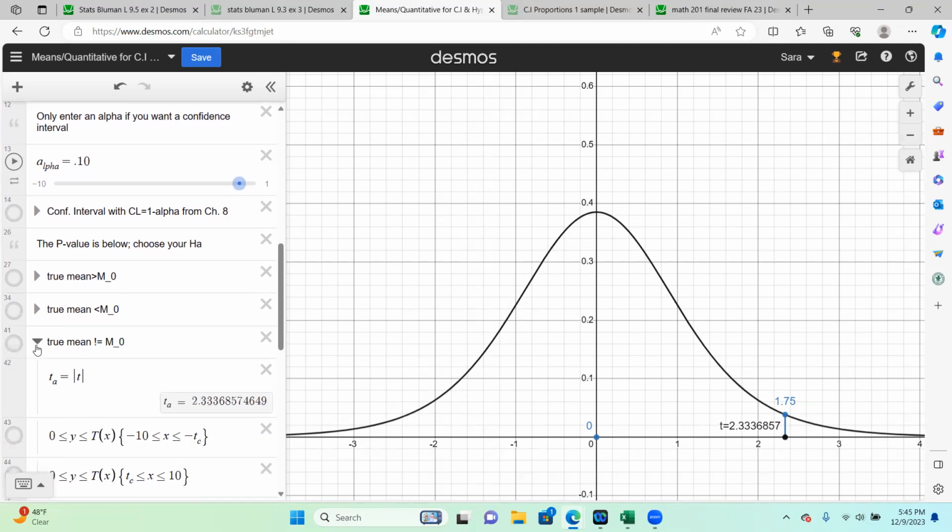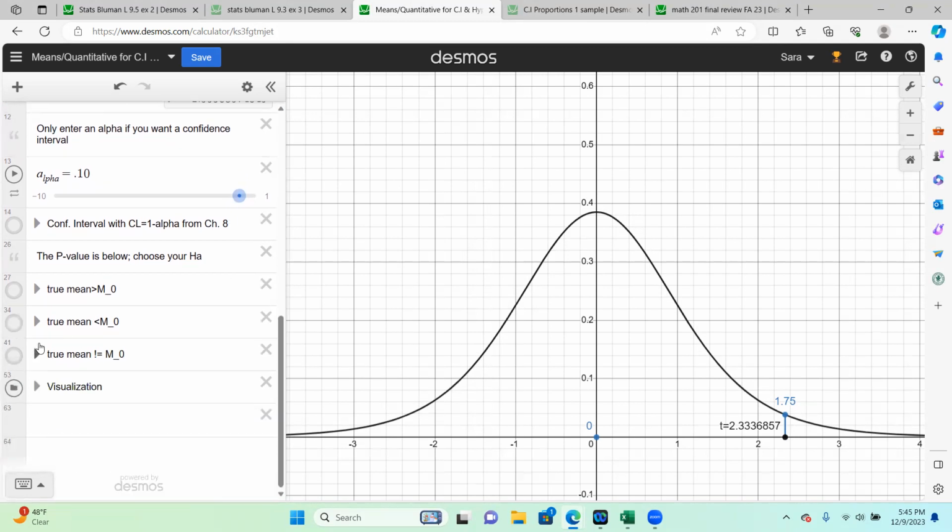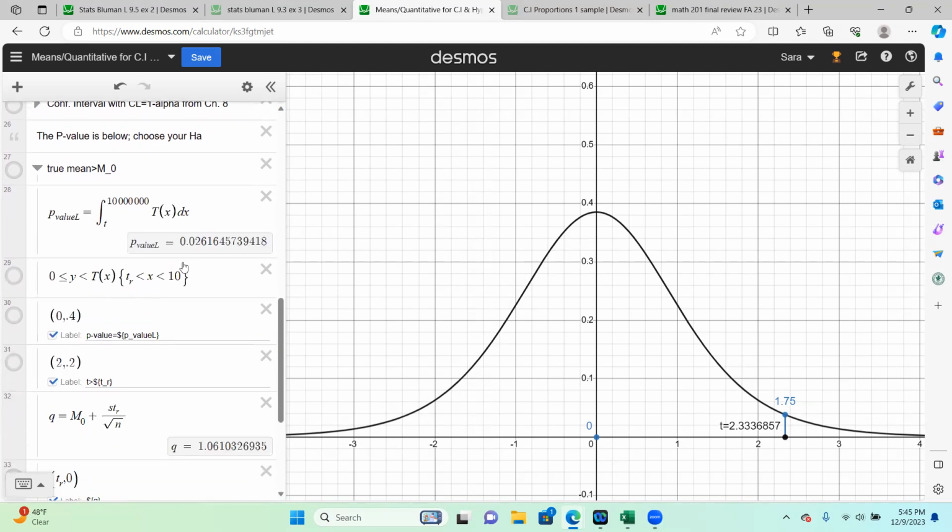And we are looking at a greater than test. So I'm going to click on the greater than, and then there's my p-value, 0.026. So let's wrap it up on our paper.